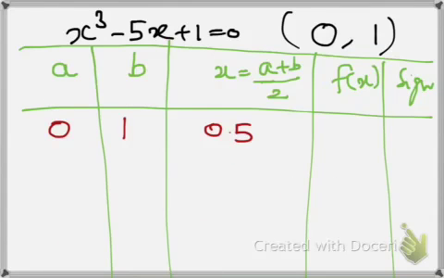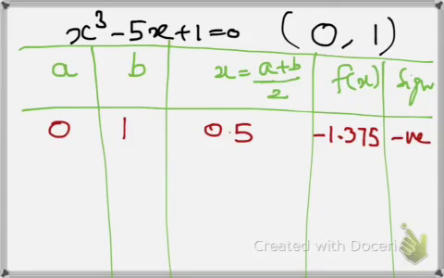Now, first you take a is equal to 0 and b is equal to 1 and x is equal to 0 plus 1 by 2, that is 0.5. Now f of 0.5, that is 0.5 cube minus 5 into 0.5 plus 1, the value of f of 0.5 is minus 1.375, which is negative.